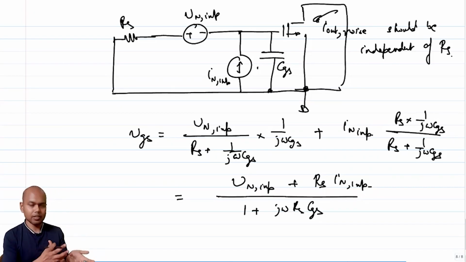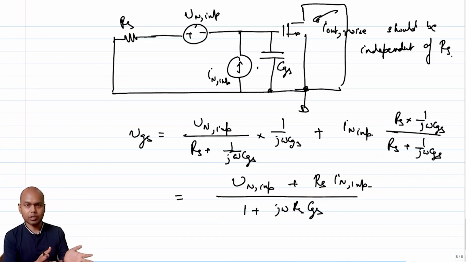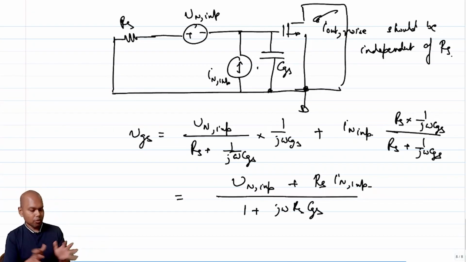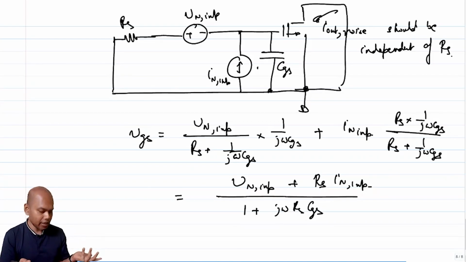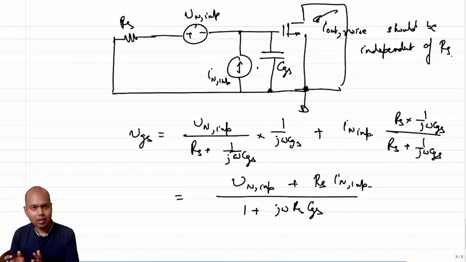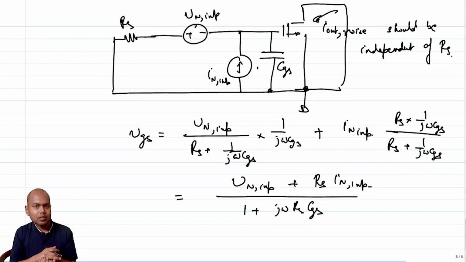These Vn and In sources at the input side do not actually exist; they are modeled sources. So what values of Vn INP and In INP should we have so that this requirement is satisfied? To find out Vn INP, I have to set up the circuit in such a way that the In INP does not affect the total output.